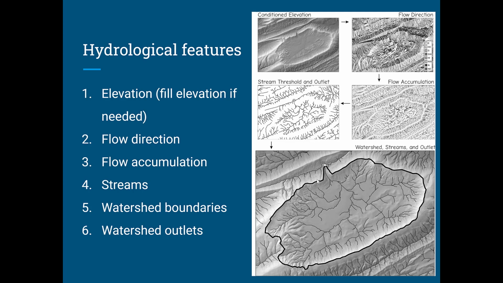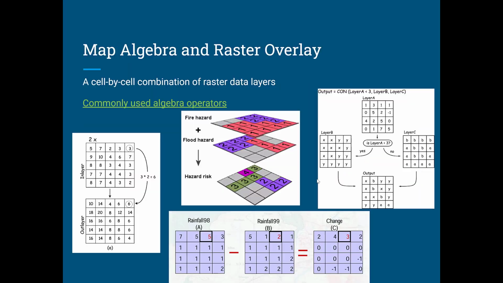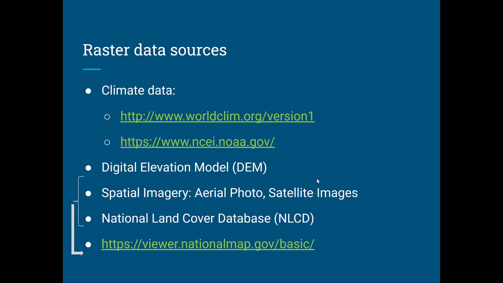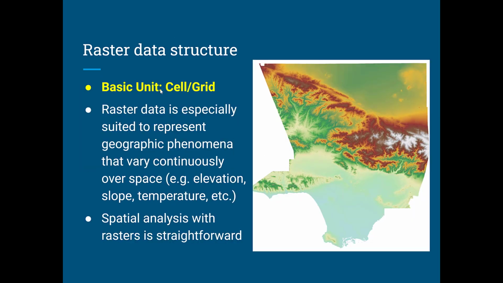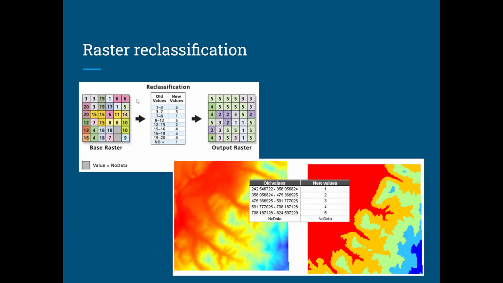After this lecture, you're going to answer these questions. Let me emphasize this. Number one, why is it so convenient to use rasters to do your spatial analysis? That's because you have the basic unit as cells. When you do the overlay, you just combine the cells.